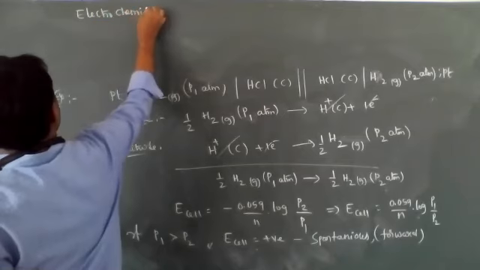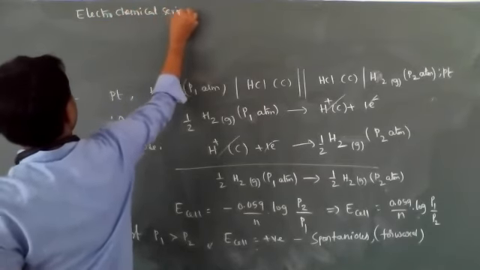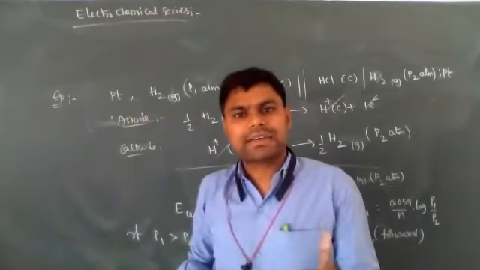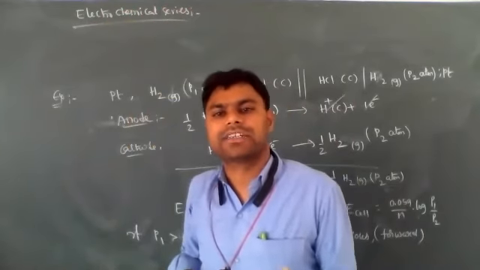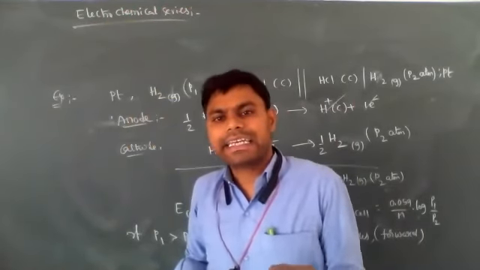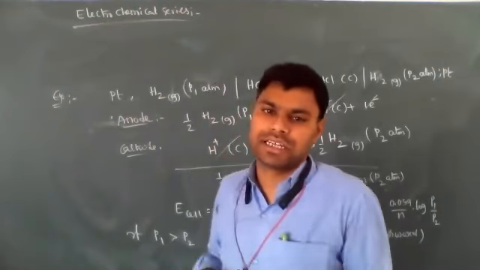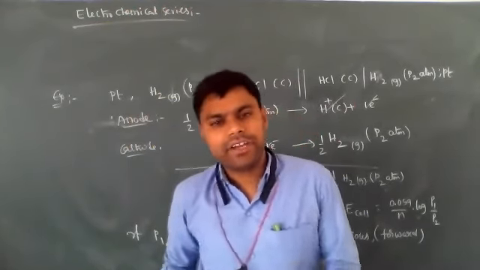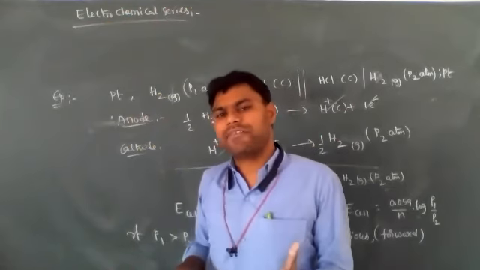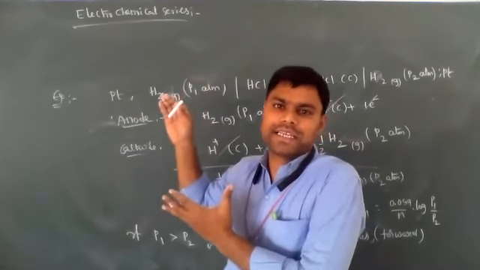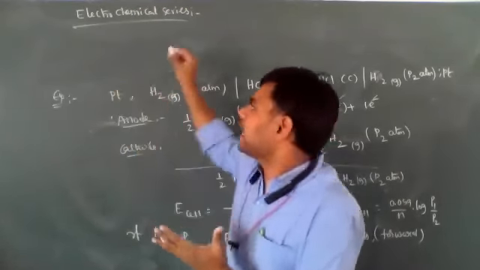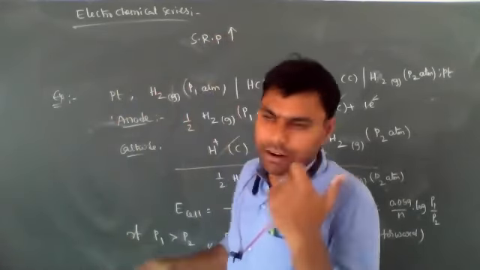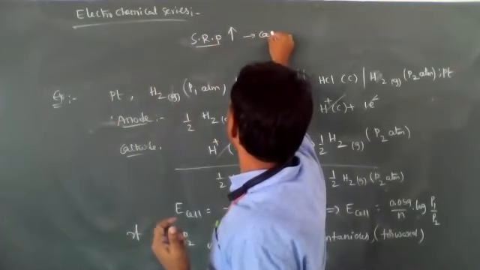Electrochemical series is nothing but the systematic arrangement of standard reduction potential values. The systematic increasing order of standard reduction potential values is known as the electrochemical series. Already we know that as the standard reduction potential value increases, the electrode acts as a cathode.